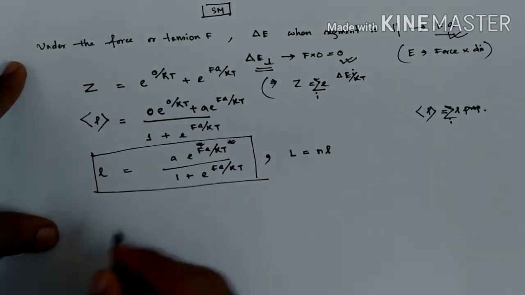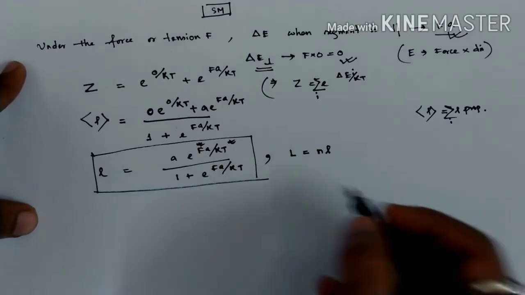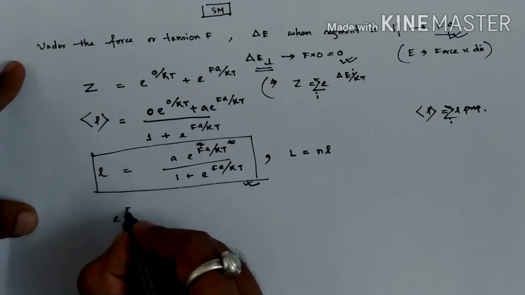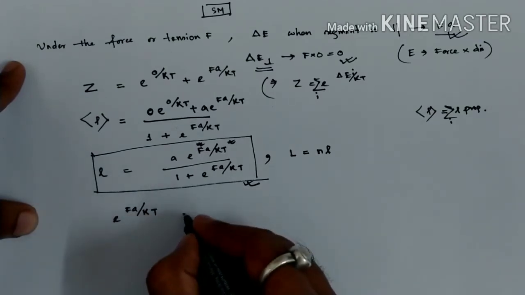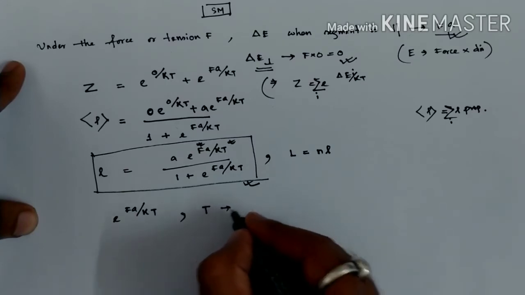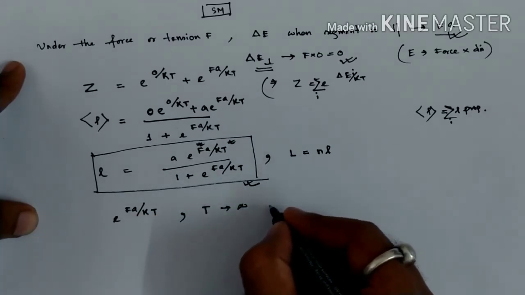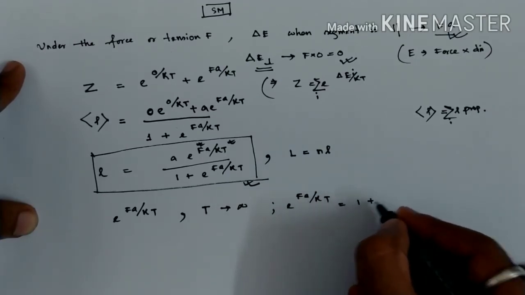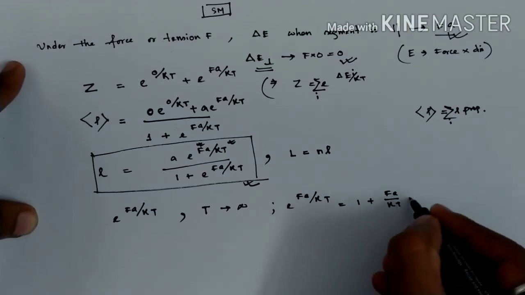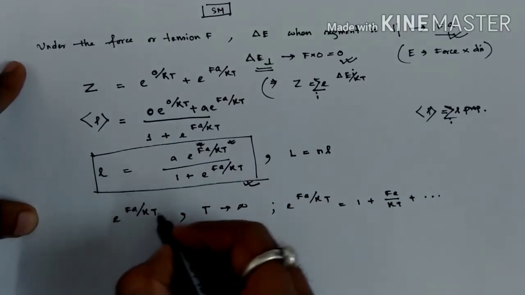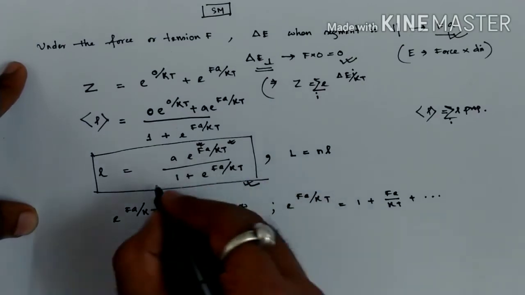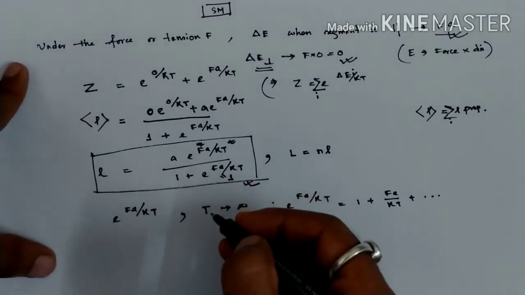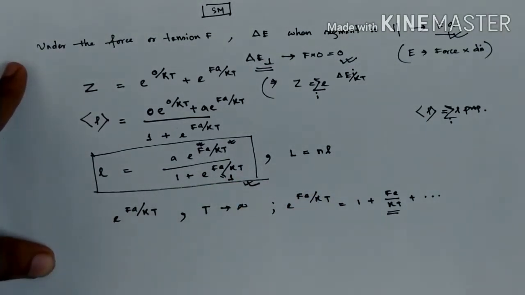Now the second part is that we have to find Hooke's law from the answer. We have the term e raised to Fa by kT. At high temperature, when T tends to infinity, this term e raised to Fa by kT can be written as 1 plus Fa by kT, and the higher-order terms we can neglect, since they are very small. In the denominator, the small term is very small compared to 1, so we can neglect it.